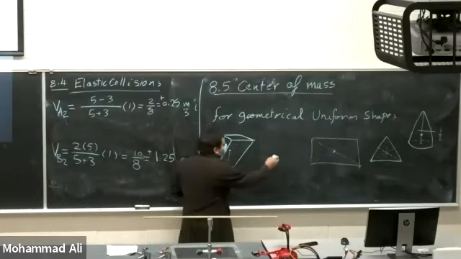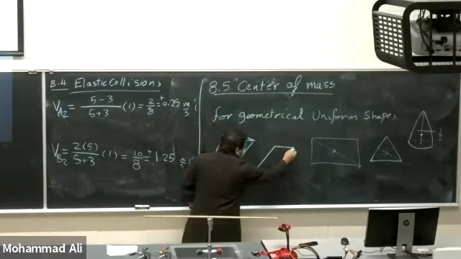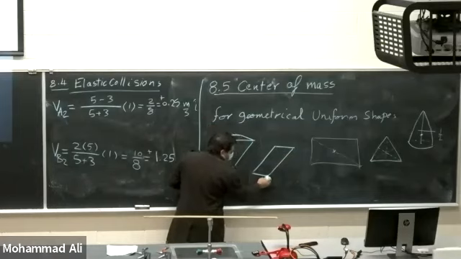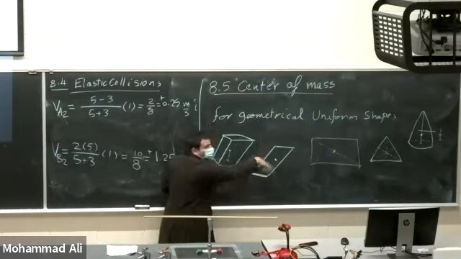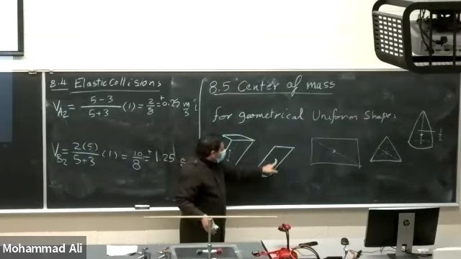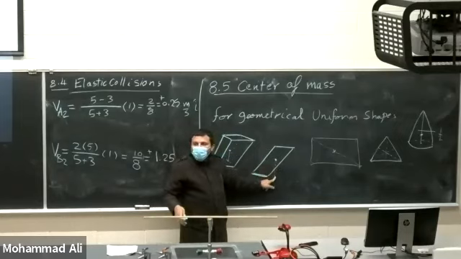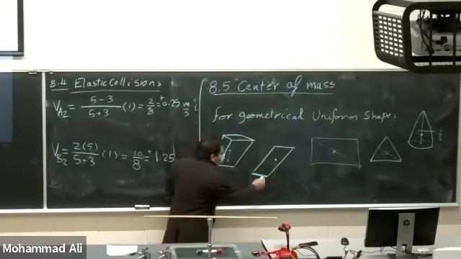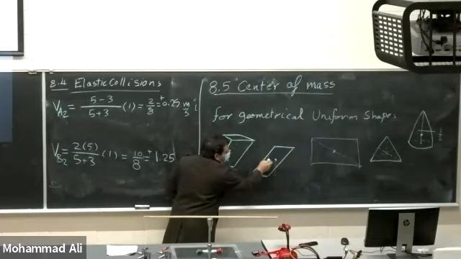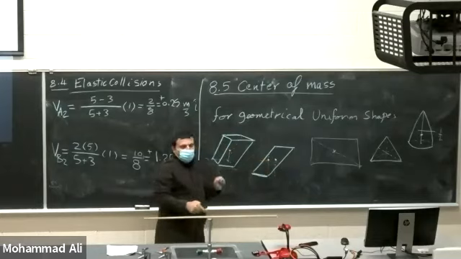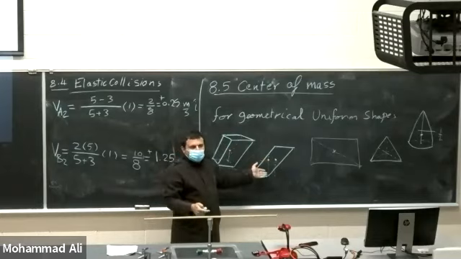But if we have this object, for example, this is the base and the center of mass is here, it will fall, because the vertical line of the center of mass is out of the base. If the center of mass is here, then it will balance.